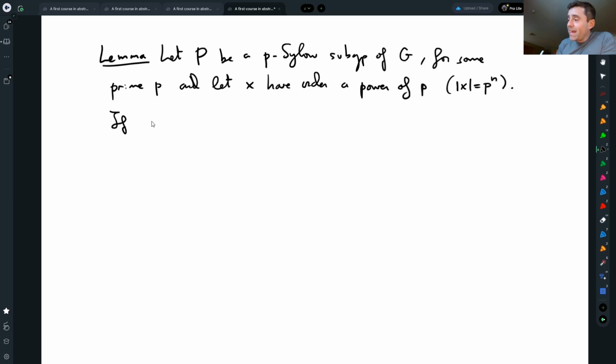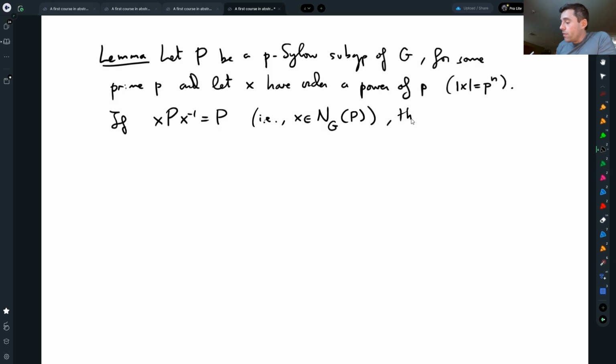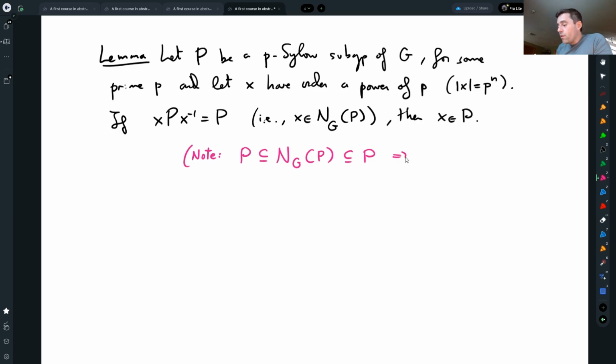Then if XPX inverse is P, i.e. if X is in the normalizer in G of P, then X is in P. Now note, we have just shown that P has to be in the normalizer of P, and this shows that in that case, the normalizer is contained in P, and therefore the normalizer of P is just P.